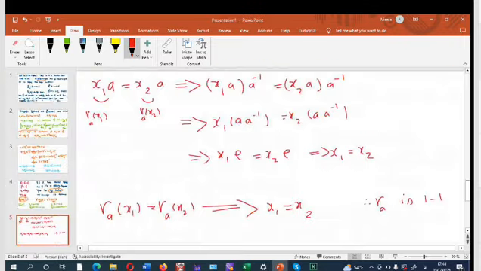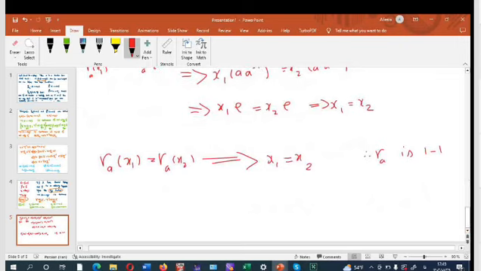Simply we prove this for this function Ra from G to G for any y in G.